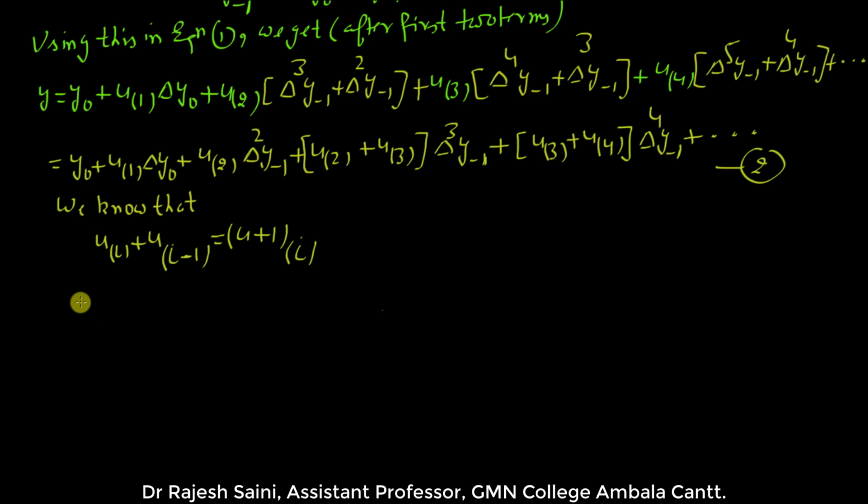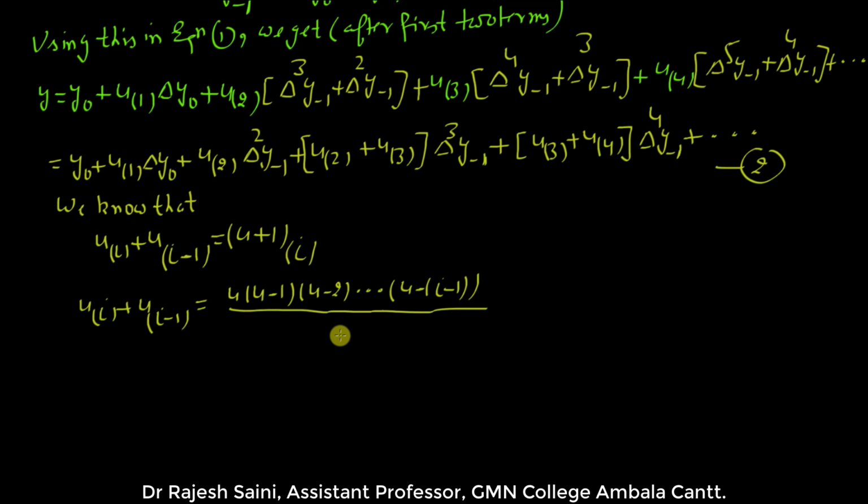Okay, now we'll take the left hand side, u_I plus u_(I minus 1). So write it u minus 1, u minus 2 up to u minus I minus 1, divided by I factorial.